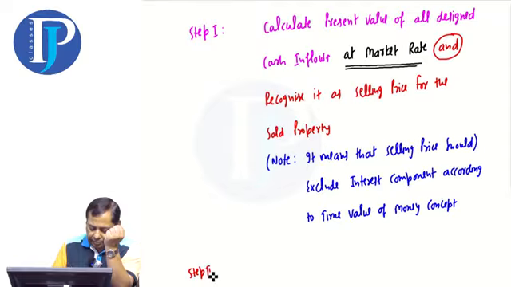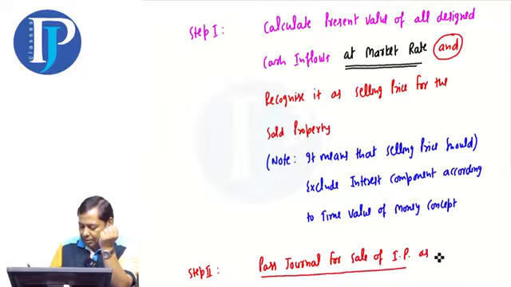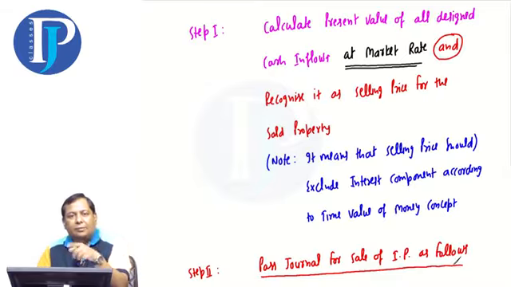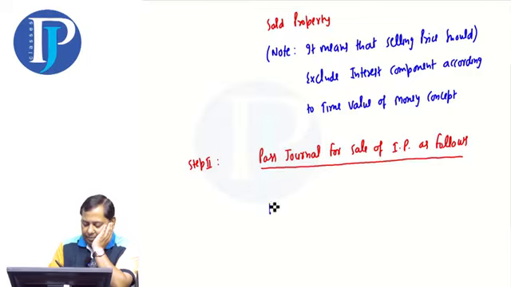The second step: pass journal entry for sale of IP. Once you know the present value, you can do the sale entry. How will the sale entry be done? It is very easy. Bank account debit.